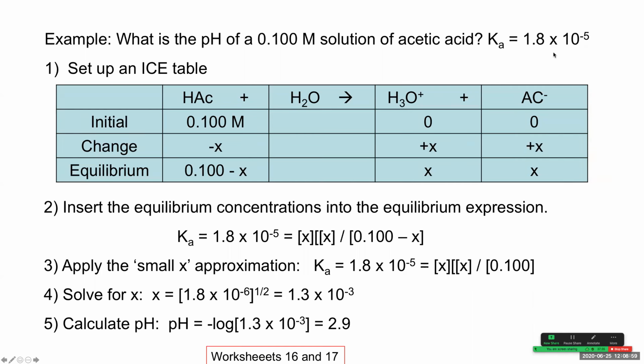In all of these problems, if Ka is 1.8 times 10 to the minus 5 or smaller, and the concentration is like 0.1 or 0.01, you can use this trick that I'm going to do.